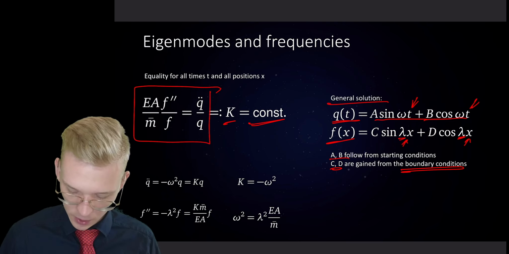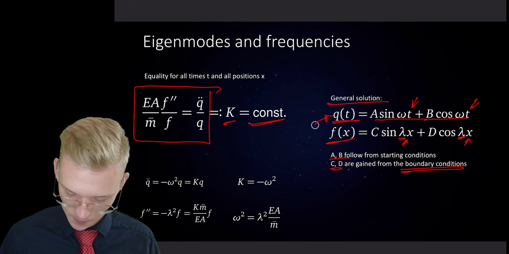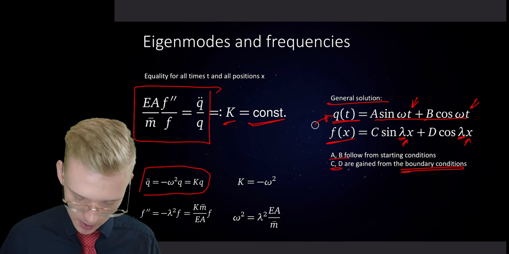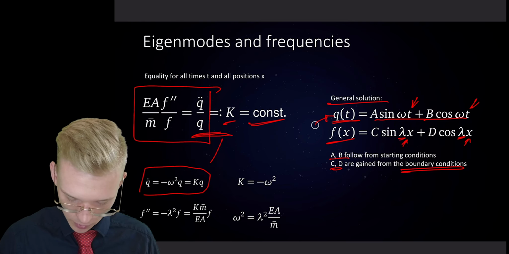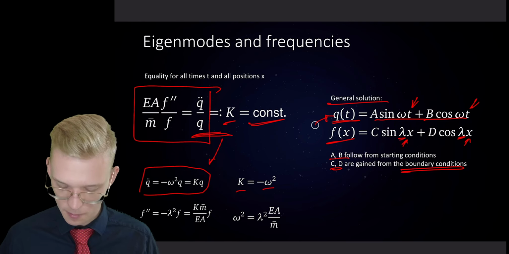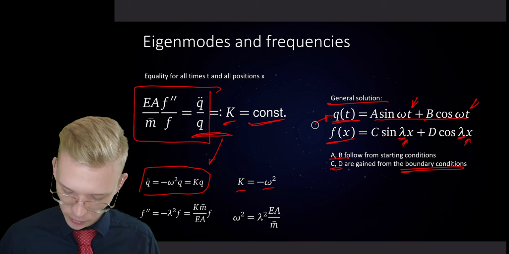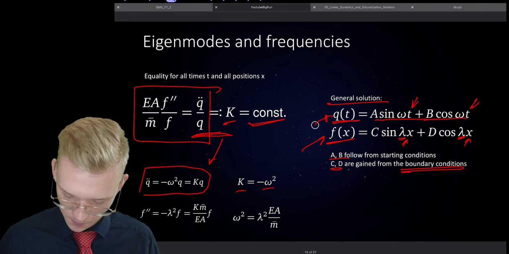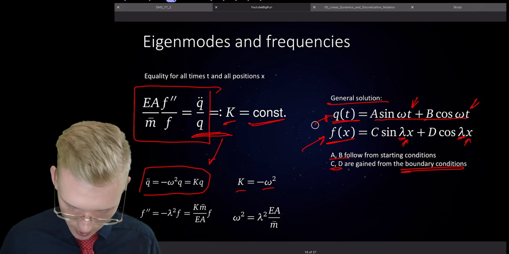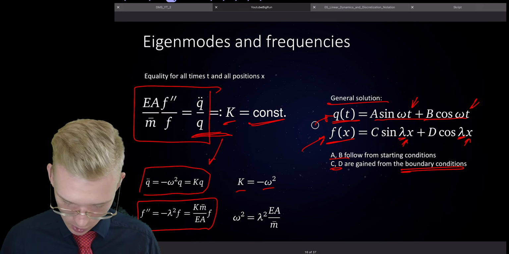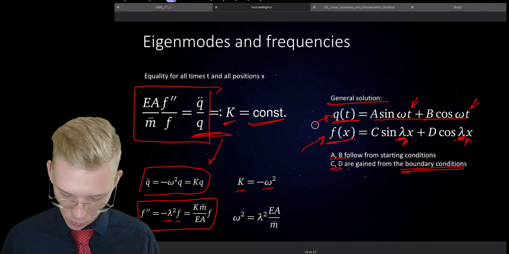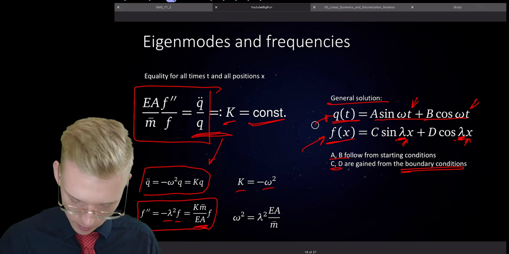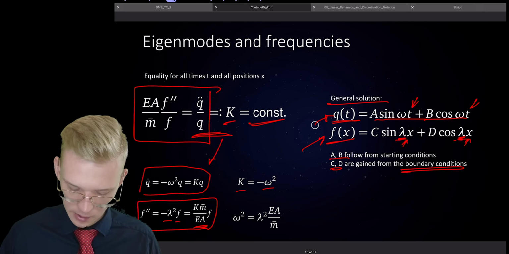So from that, we can derive this function twice, and we will get this equation. And if we look at this part, we know that K is equal to minus omega squared. If we derive this function twice, we will get this equation. So we have minus lambda squared, because lambda comes from the sine and cosine, which is equal to Km divided by EA.